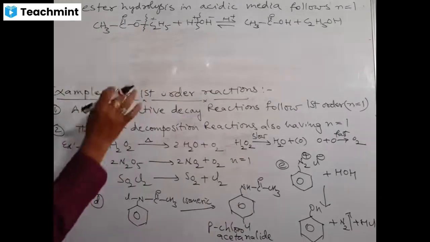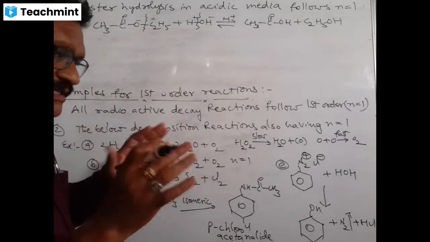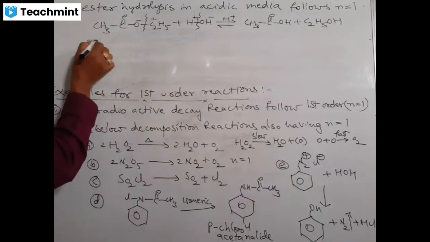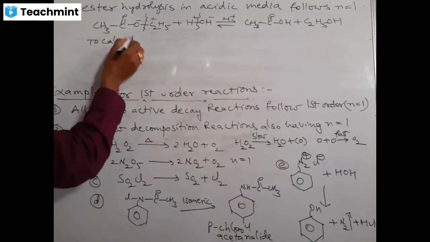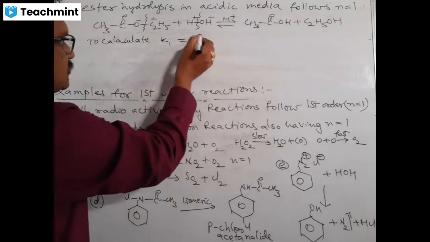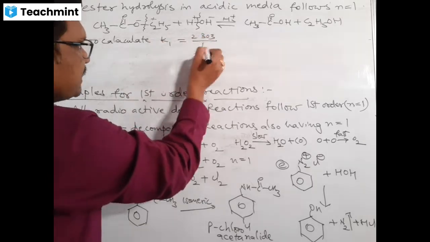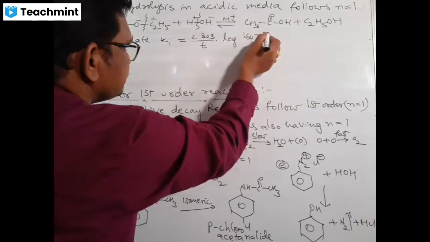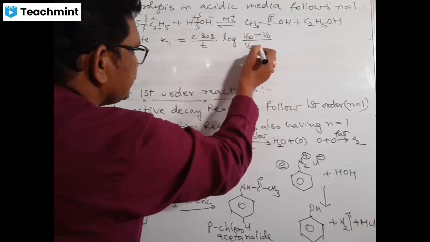But here in case of ester hydrolysis, the formula should be the same, but to calculate K1, we use this formula: 2.303 by T log of V infinity minus V0 by V infinity minus VT.